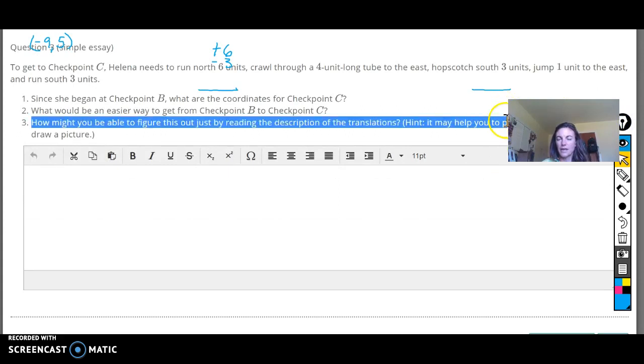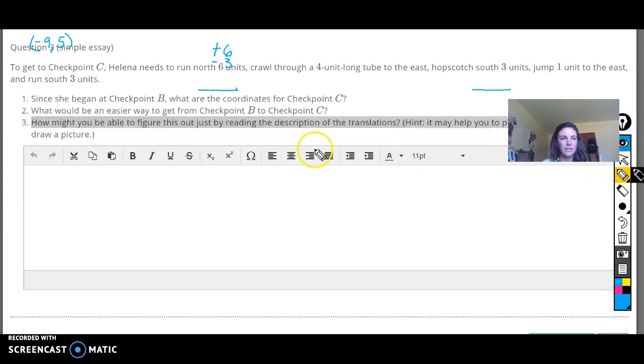And then run south another 3 units. So 6 - 3 - 3 is 0. We're not going to change our north-south coordinates at all, so that y value is going to remain the same.